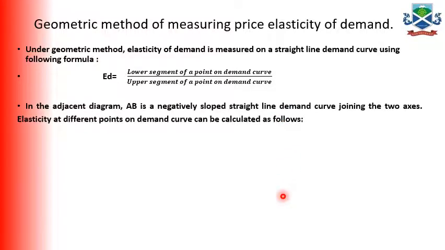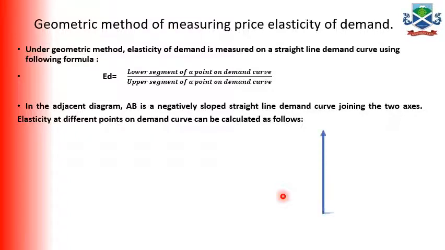In the adjacent diagram you will find AE, a negatively sloped straight line demand curve joining two axes, x-axis and y-axis.